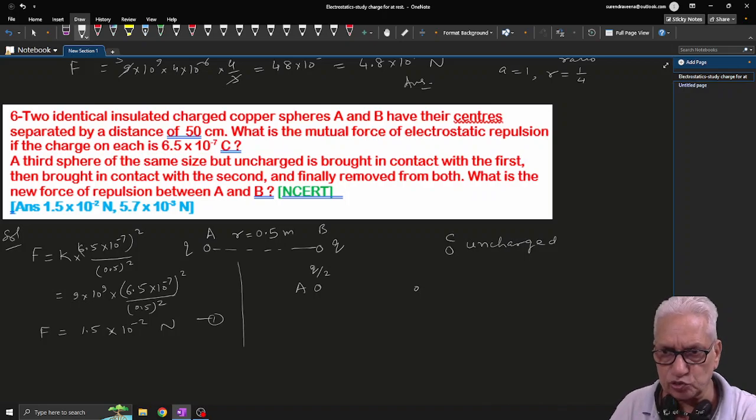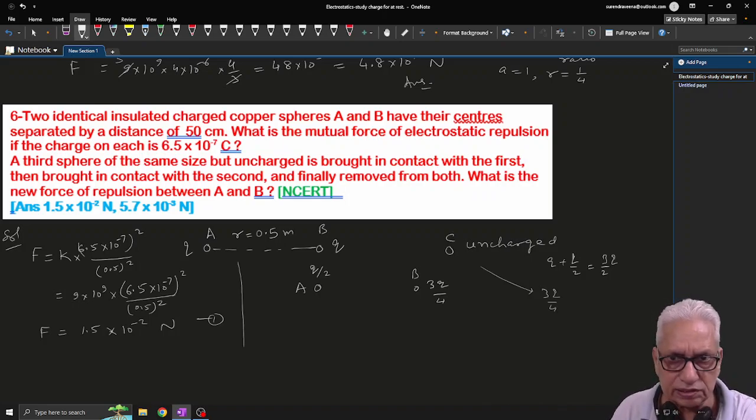Total charge will be Q plus Q by 2, which is 3 by 2 Q, and it is shared between C and B. So half of the charge on B and half on C. This is also 3Q by 4. On C finally 3Q by 4.